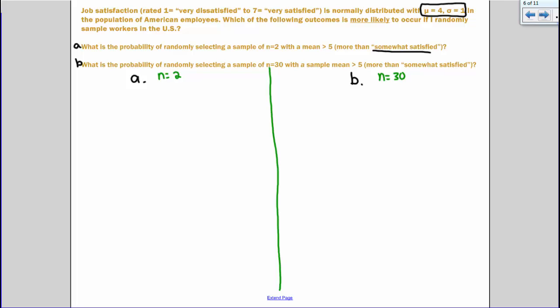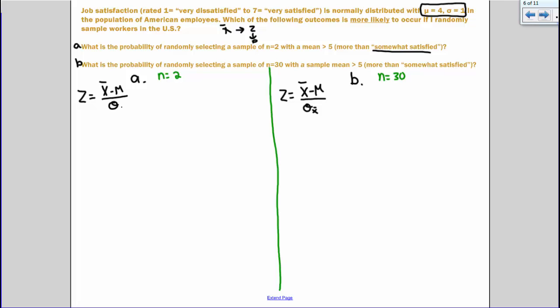So the first thing that we need to do is figure out, because remember we're going from a sample mean, we need to go to Z to then find P. So we need to find our Z-scores. And in both cases, Z is equal to the sample mean minus the population mean divided by the standard error. So just write my formula down.